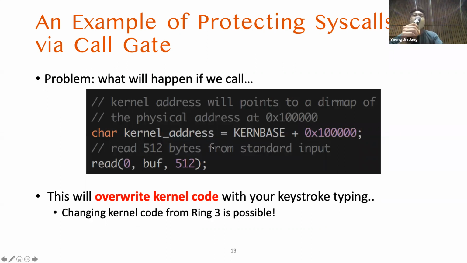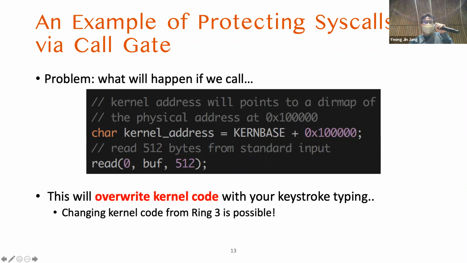But think about this. If you take a look at the JOS memory layout, you know that the ELF header of the JOS kernel asks us to put the JOS kernel in the physical memory 1 megabyte region. Although we do not have direct access to physical memory, we have a direct map area at the top of the 4 gigabyte virtual memory space. So KERNBASE plus 1 megabyte is the virtual address of the physical address that stores the kernel.